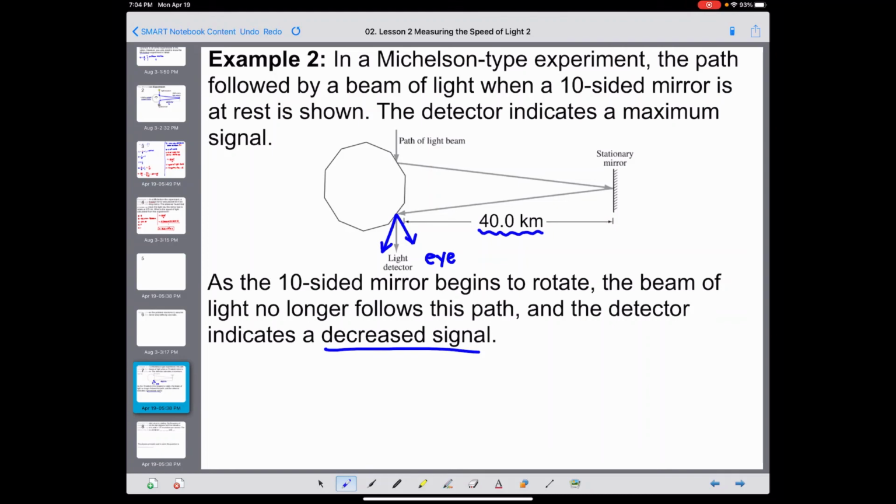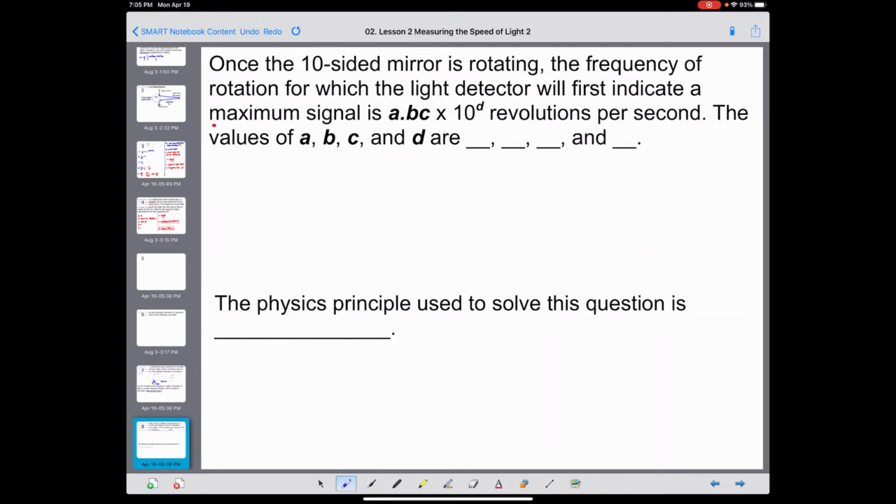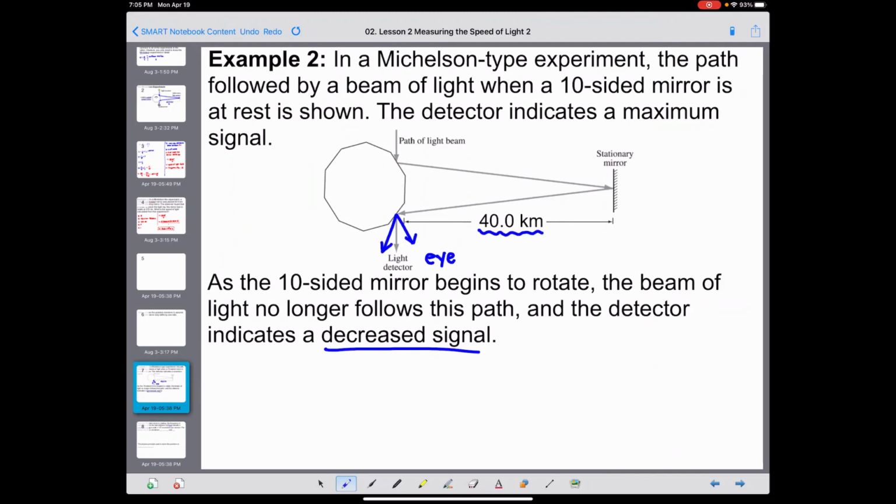Now, as we increase the frequency of rotation for this rotating mirror, eventually we're going to hit the right frequency to again see a proper signal. So that's why it's saying once the 10-sided mirror is rotating, the frequency for which the light detector will first indicate a maximum signal is. We know that when that mirror is rotating so that it's making 1/10 of a rotation in the time that it takes the light to do this, that's when we're going to start to see a maximum signal again.